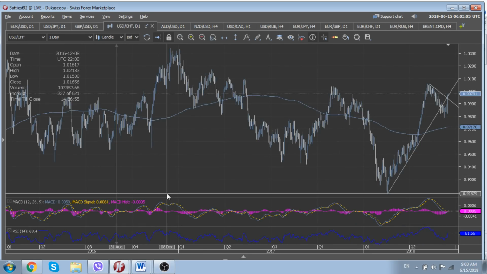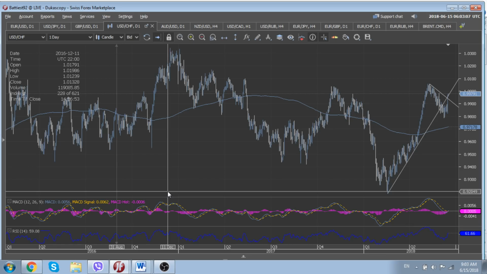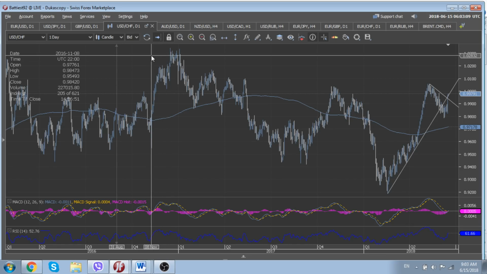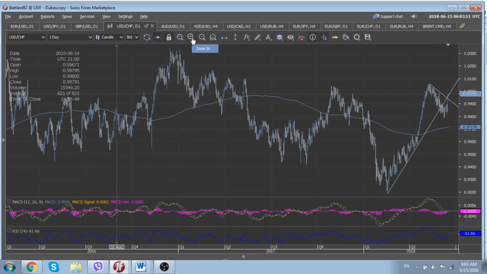As regarding the dollar Swiss, here the situation is also very favorable for extending the dollar to the upside, and as you can see we are back to the parity level.